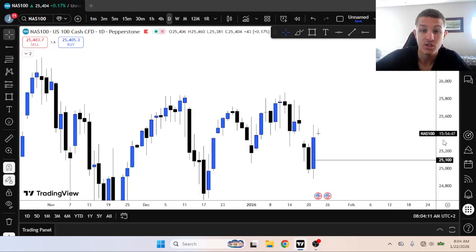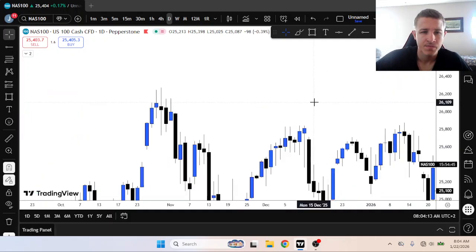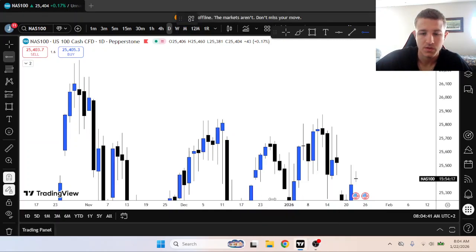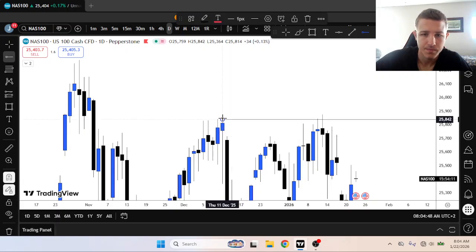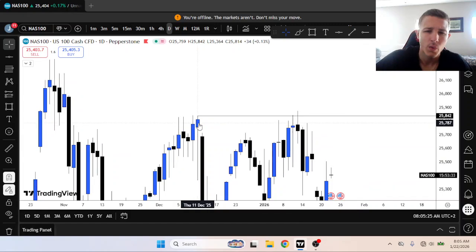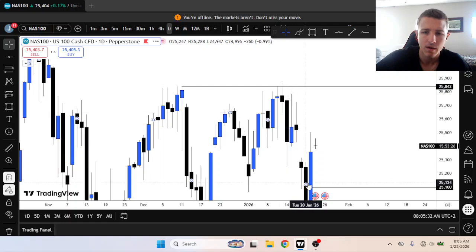Okay, so this is on the daily time frame. We can see over here, here's a move up, then a move down. That's the wick. We're making a high, then we come up, we sweep the high, and then we dump.